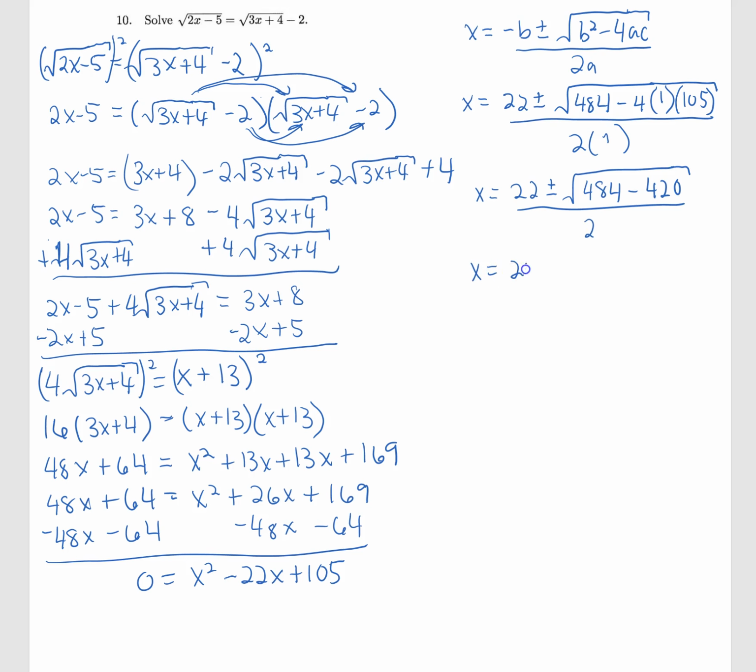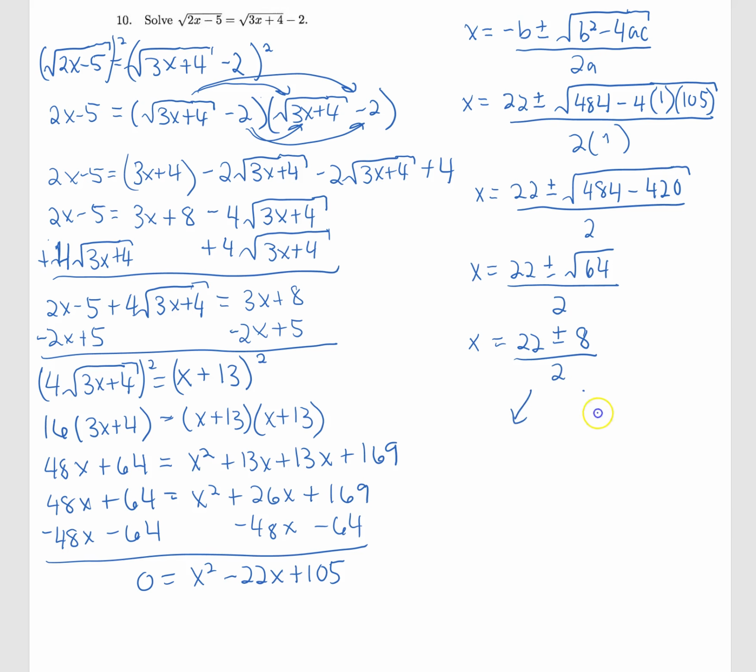So x equals 22 plus or minus, 484 minus 420 is 64. So we can see that's going to be a nice square root to work out. And so we get 22 plus or minus square root of 64 is 8, plus or minus 8 over 2.